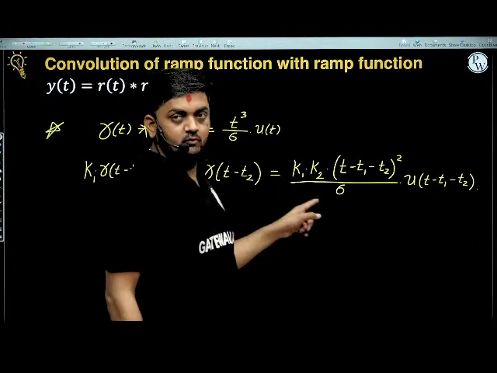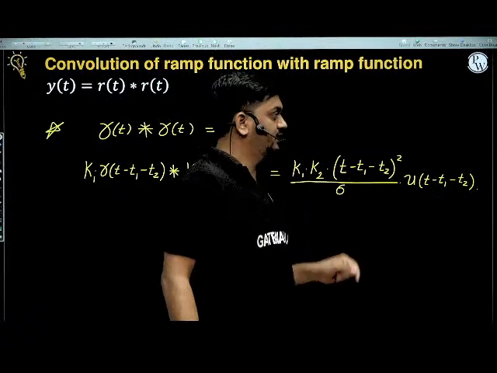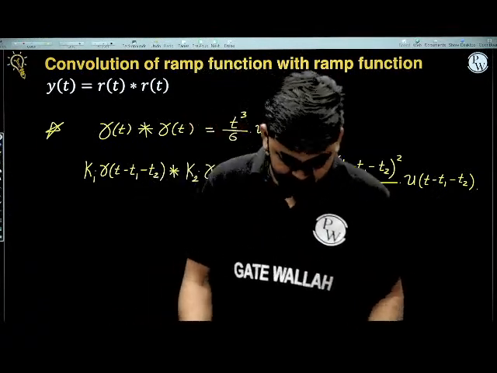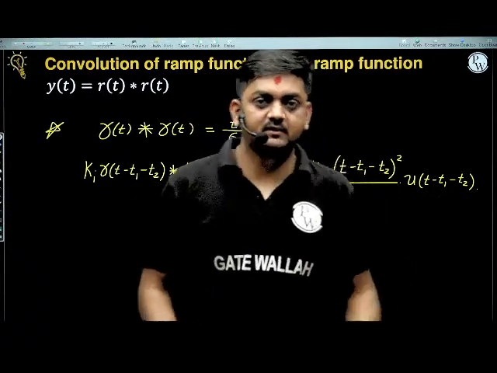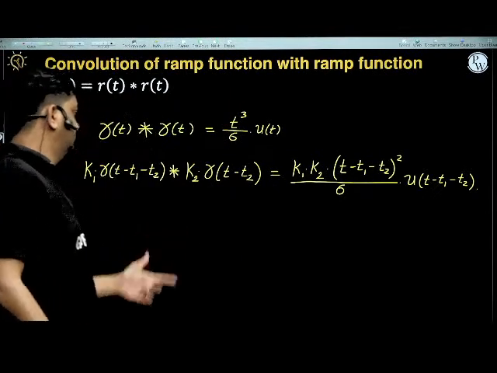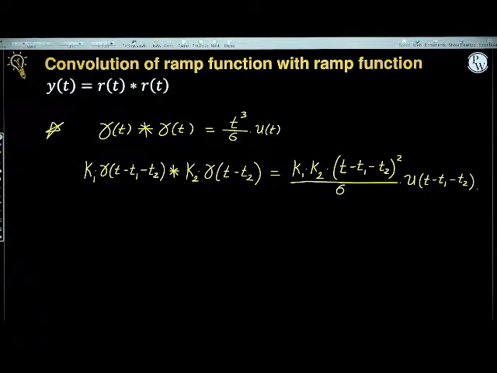Okay, k1 into k2 into t minus t1 minus t2 whole square divided by 6, guys.